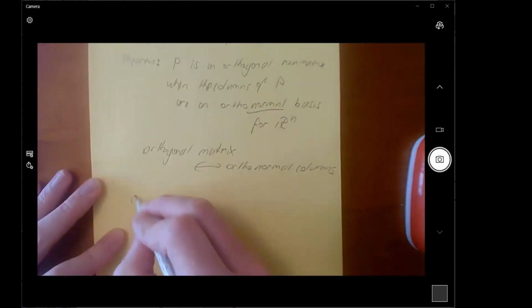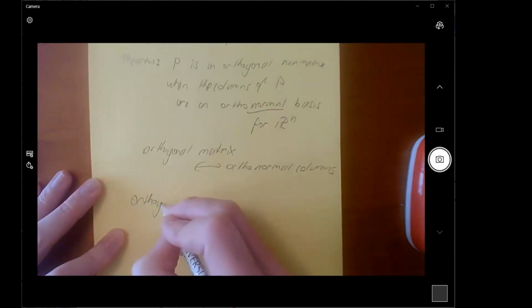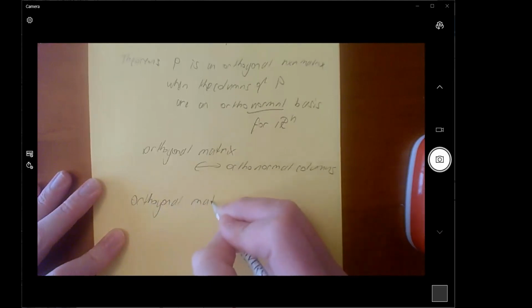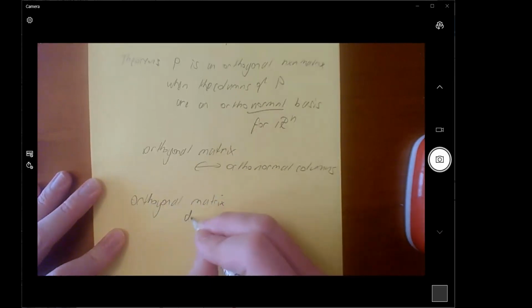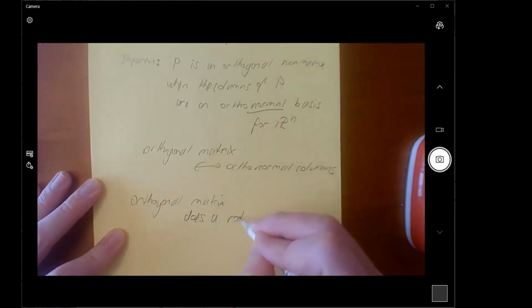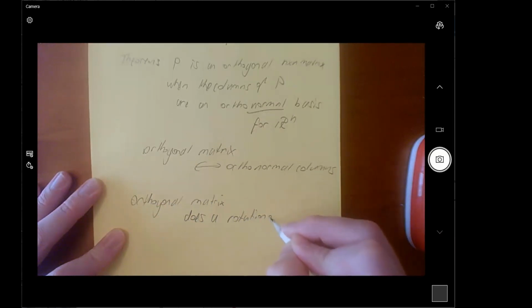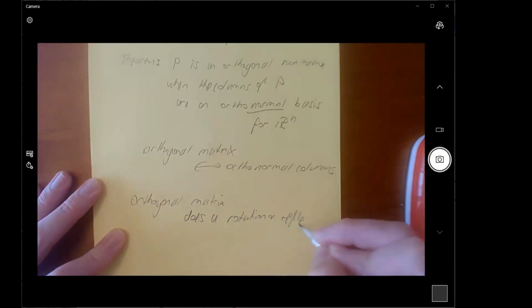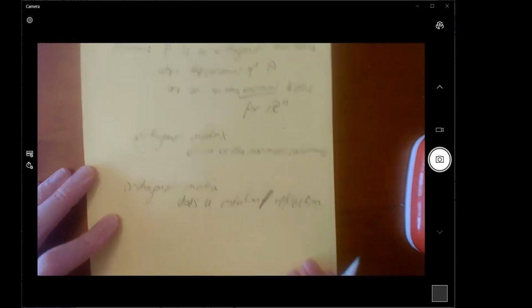So rotation and or reflection, it could be both.